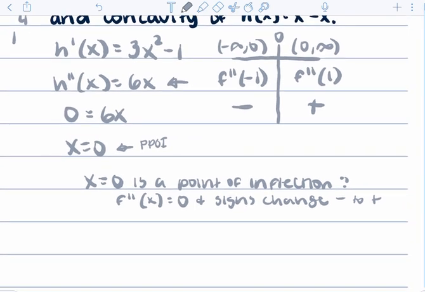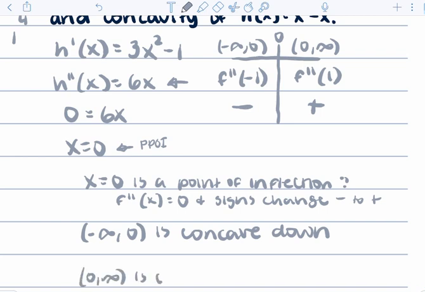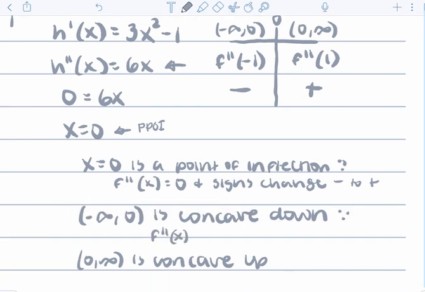And then we also know that the interval negative infinity to 0 is concave down, and 0 to infinity is concave up, because the second derivative is less than 0 on the first, and because the second derivative is greater than 0 on the second.